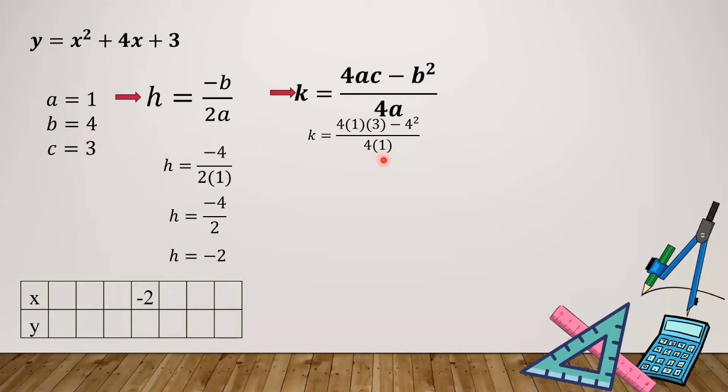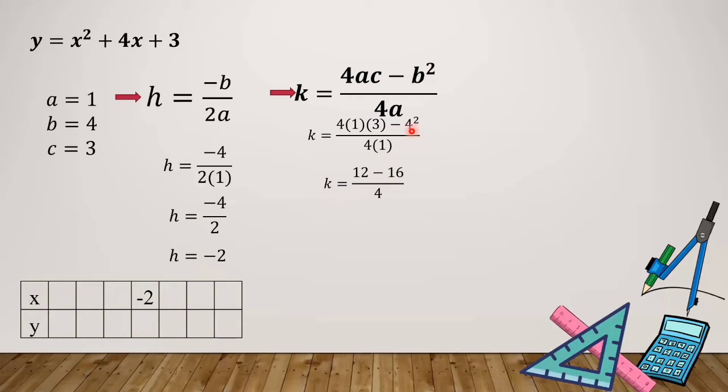So 4 times 1 is equal to positive 4. Then 4 times 3 is equal to positive 12. Then 4 multiplied by itself is equal to positive 16. Then copy the sign, which is the negative.